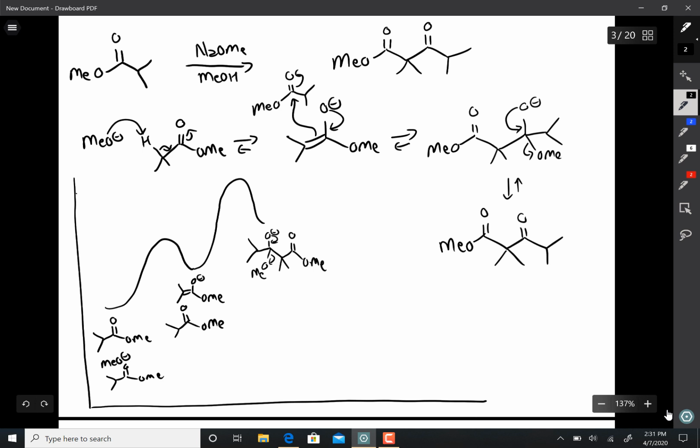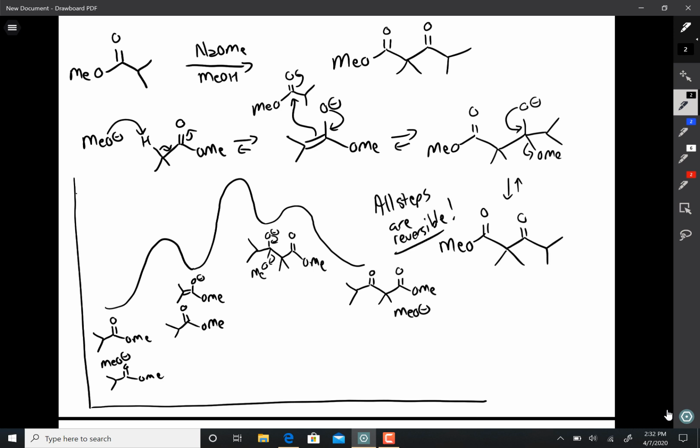And then this goes down and kicks that off to give this product right here. And all these steps are reversible. And when you have a reversible reaction like that, the lowest energy side is favorable, and the lowest energy side is right here.